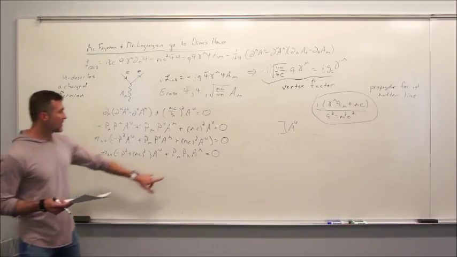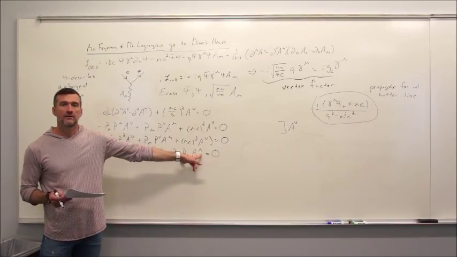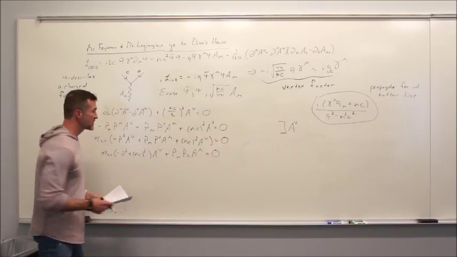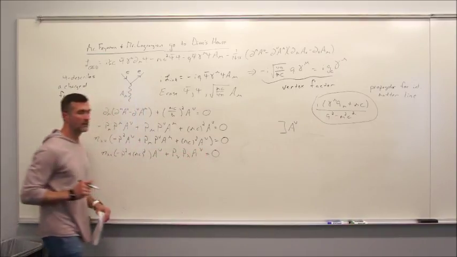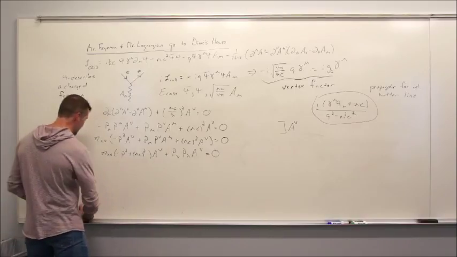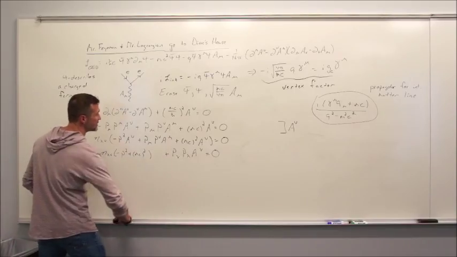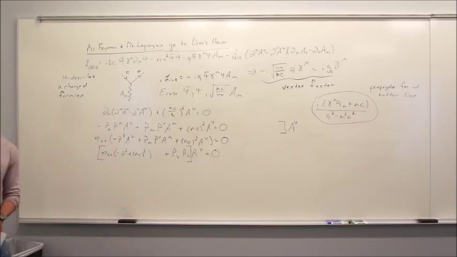And then notice this is a dummy index. This is a mu summed with a mu. So I could just as well call this nu. I love index notation. Oh, that's so awesome. That's the best. Okay, and then we can actually just treat this as one big thing acting on A nu.